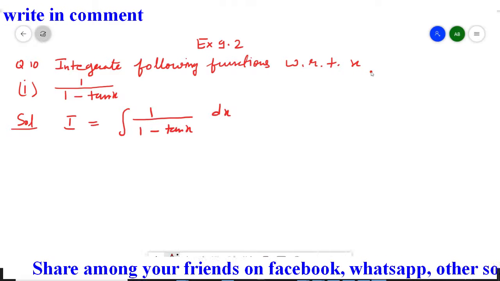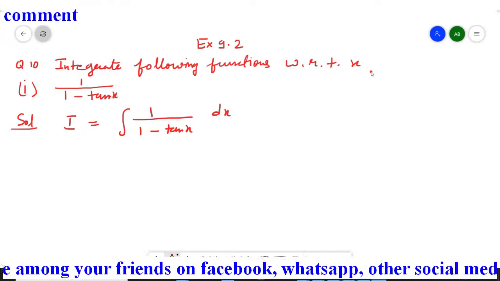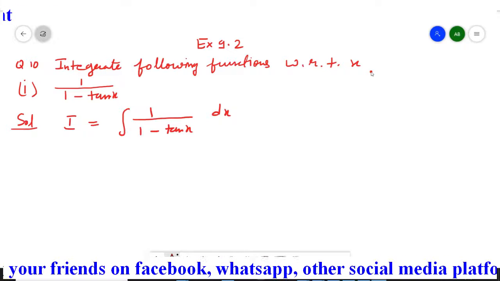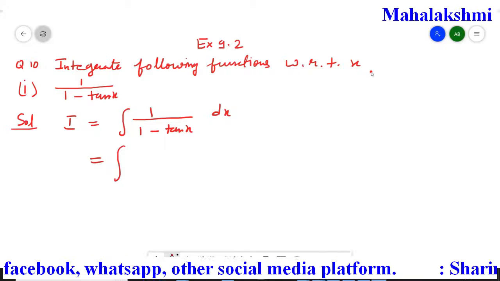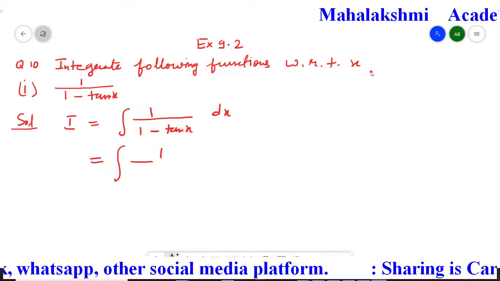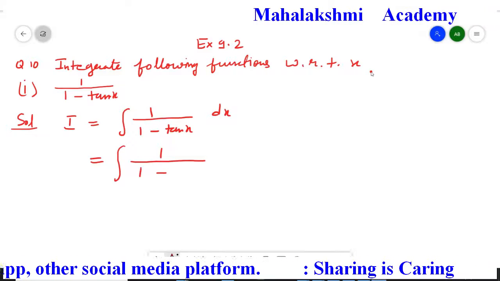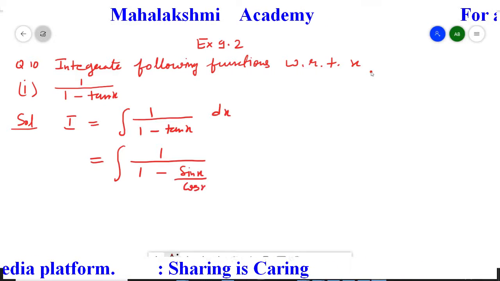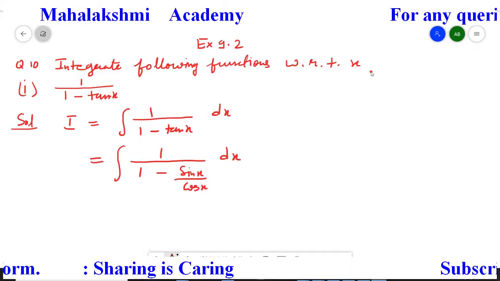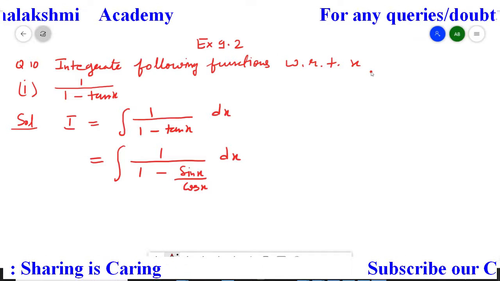So students, it's a particular type of integration and a very important format. In this kind of question, you have to convert the tan in the form of sine and cos. So it's going to be 1 minus tan x, which we can write as sin x upon cos x, and then this dx as it is. Now here we'll take the LCM.